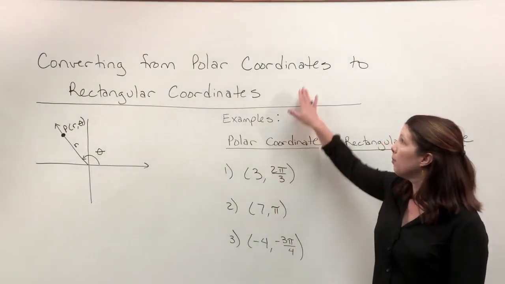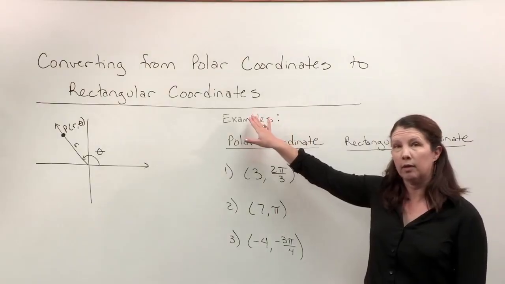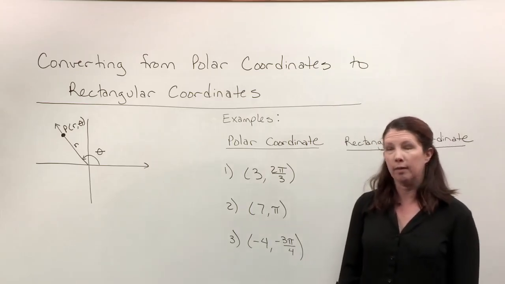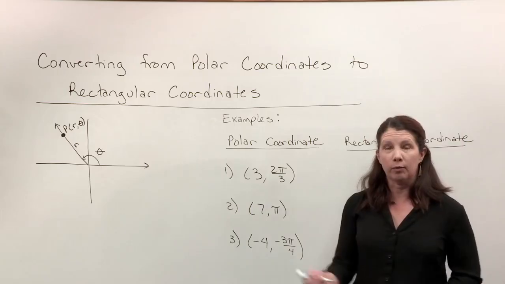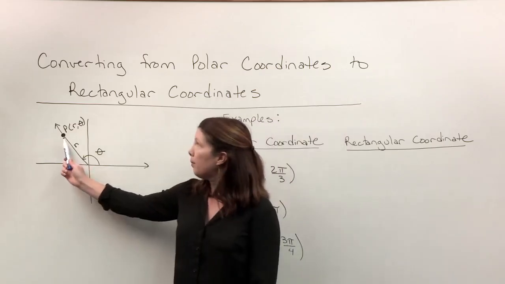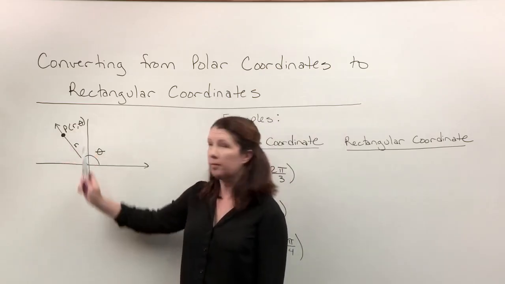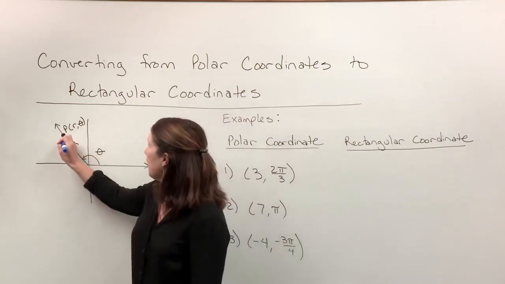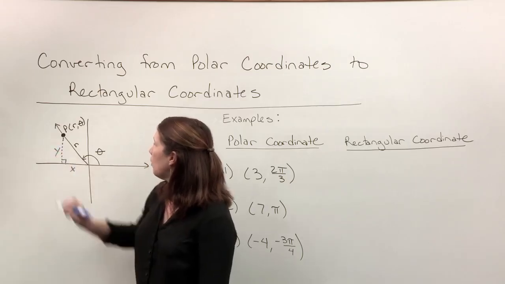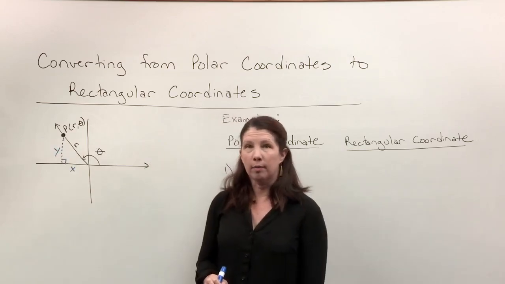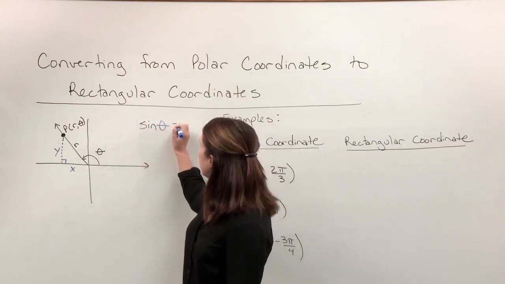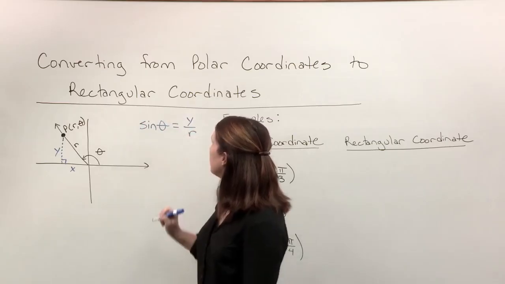In order to convert from polar coordinates to rectangular coordinates, we need formulas that help us relate r and theta to x and y. Luckily, we already know these formulas from previous sections. So look at point P, that's r, theta. If we think about this in terms of a right triangle, we have sides x, y, and r. We know that sine theta is equal to y over r.